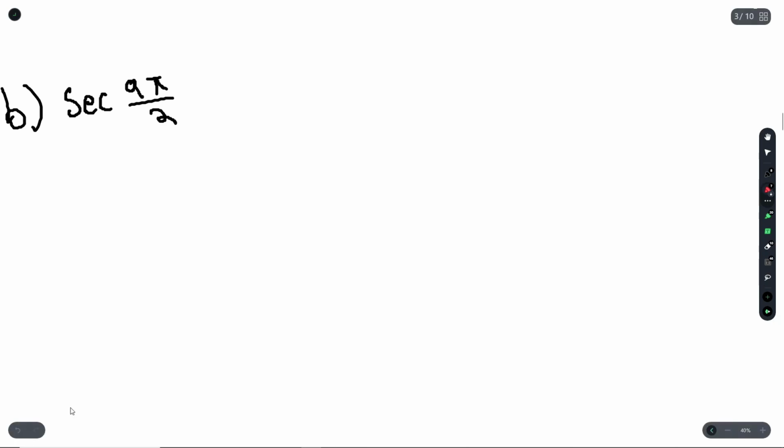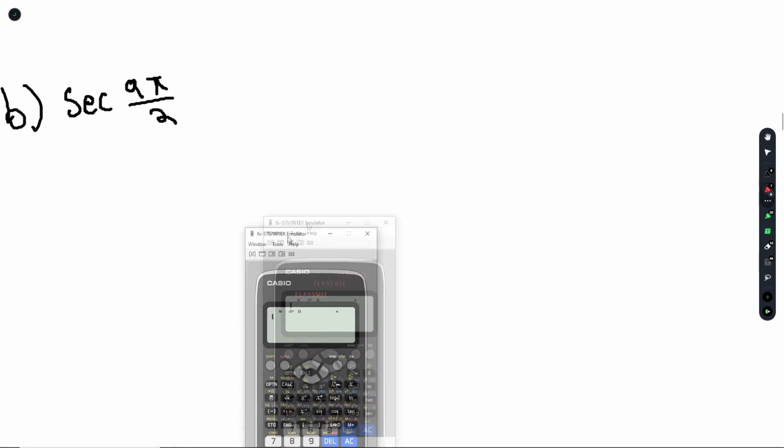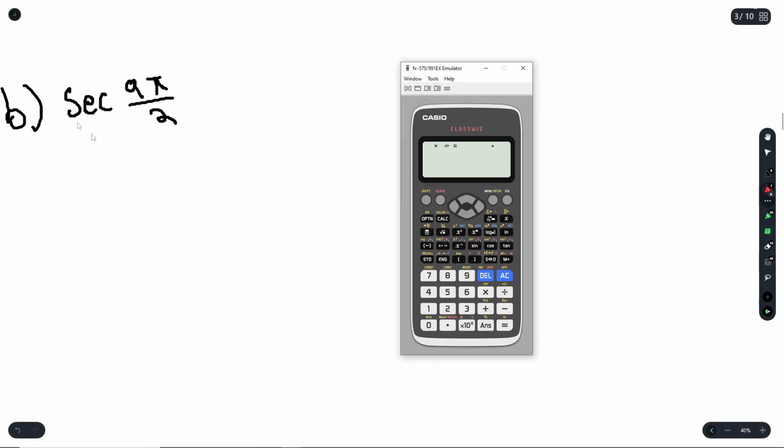On to the next question. They're asking us to evaluate secant of 9 pi over 2. So again, we just bring out our calculator. So the way you write reciprocal functions on the calculator is you just write 1 over the reciprocal function. So if it's secant, you write 1 over cosine of 9 pi over 2.